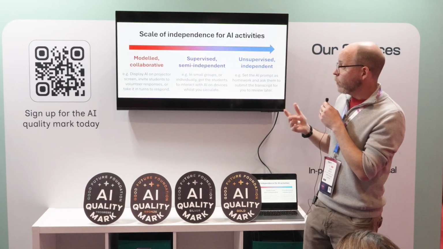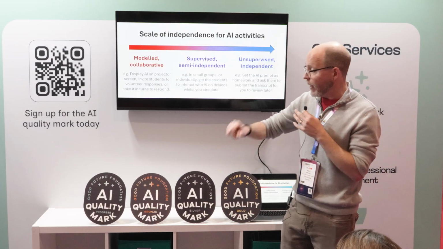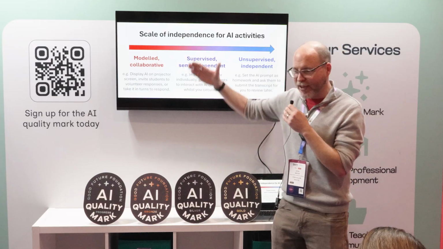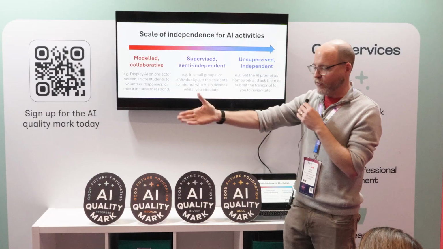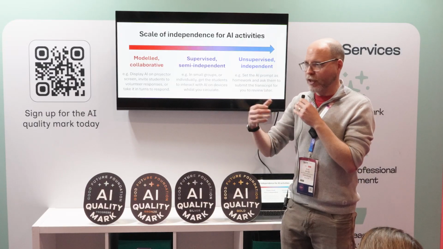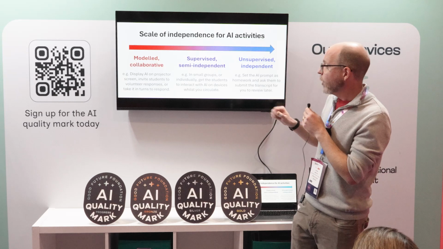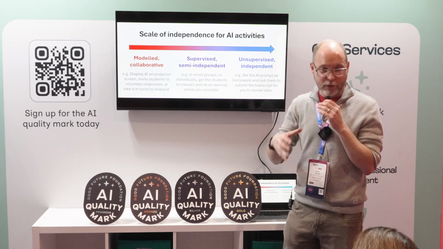It's also briefly worth mentioning that you can do these activities at a different level of independence. You can do them entirely modeled, where you put the AI, ChatGPT or whatever, up on your screen, and you invite the students to crowdsource what answers they want to give, and you can type them in as the teacher. You can build up to doing it in little groups where they're gathered round a laptop each.